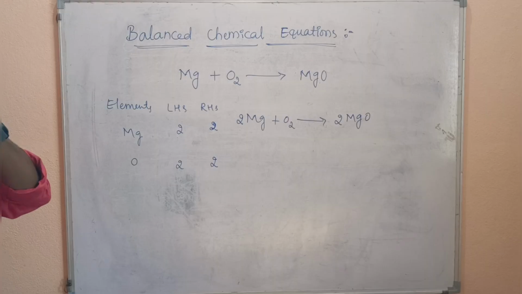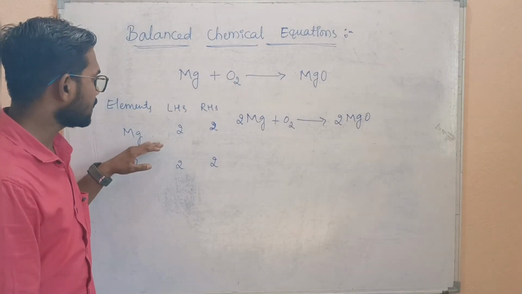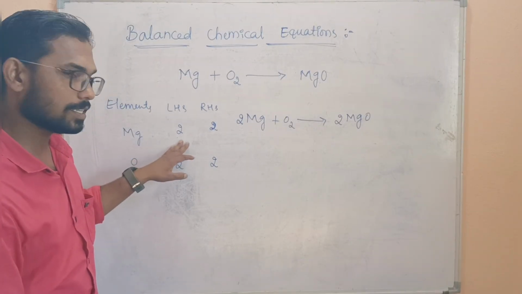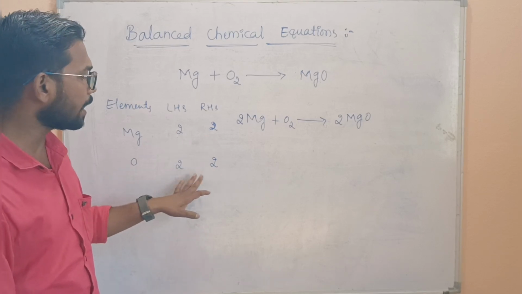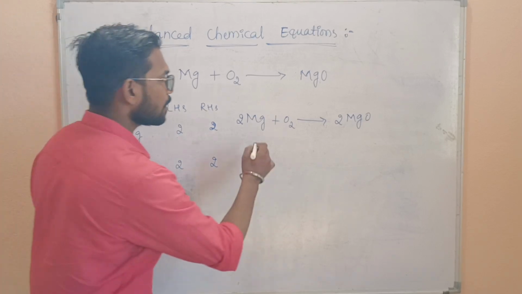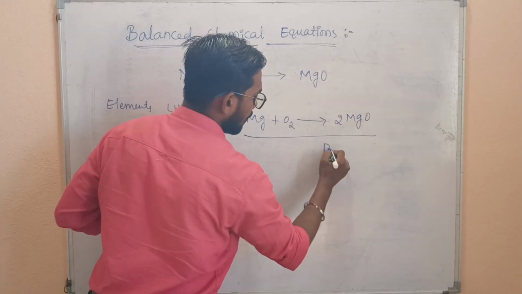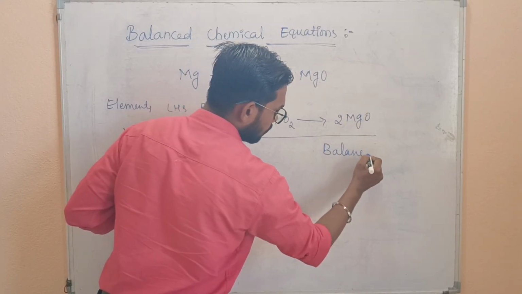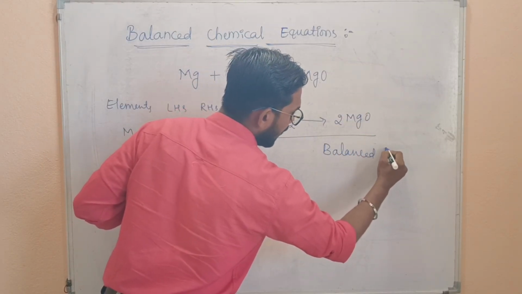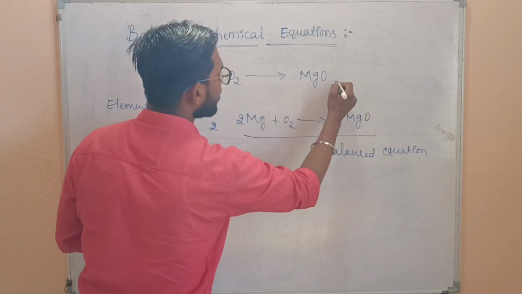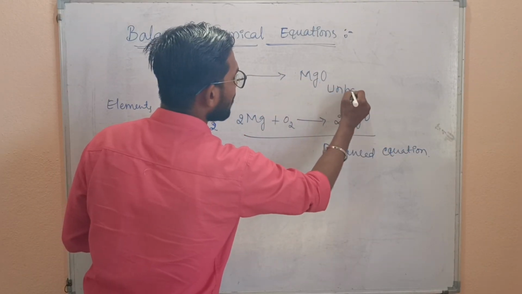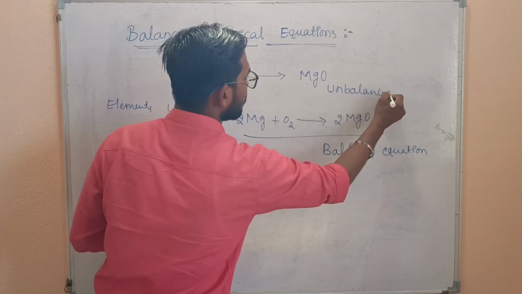This is the balancing of the equation: magnesium has LHS 2 and RHS 2, and oxygen is also LHS 2 and RHS 2. Now we can say this is a balanced equation, and the earlier one is the unbalanced chemical equation.